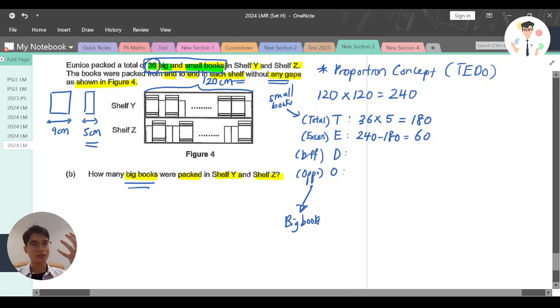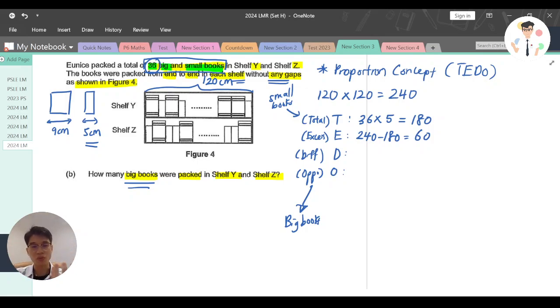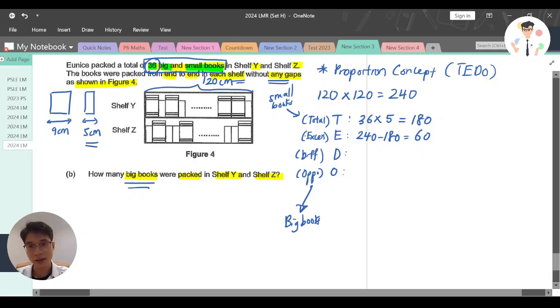Then I want to find one big book and one small book. What is their difference? 9 minus 5 is 4. It means that one big book and one small book, the difference in between their length is 4 cm. And this 60 is actually resulted by this 4.